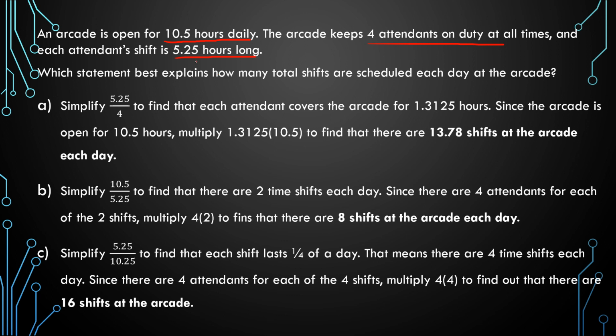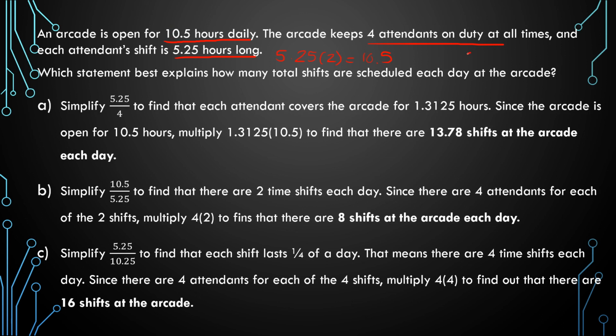So if the arcade's open for 10.5 hours and each shift is 5.25 hours long, then there's probably going to be 2 shifts per day, right? If I multiply that 5.25 by 2, I'm going to get 10.5, which is how long the arcade is open each day.